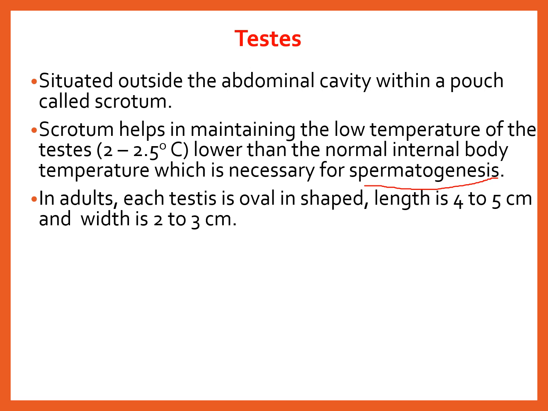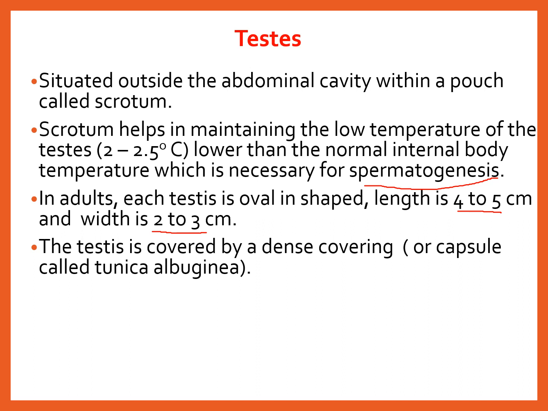In adults, each testis is oval shaped and length is about 4 to 5 centimeters and width is about 2 to 3 centimeters. The testis is covered by a dense covering. This covering is called tunica albuginea.